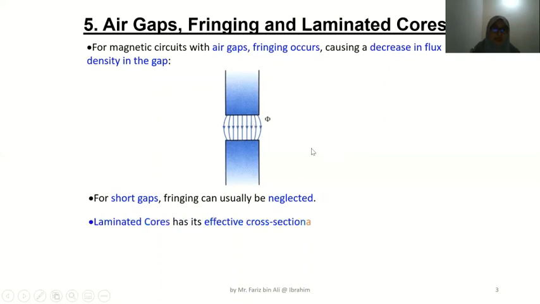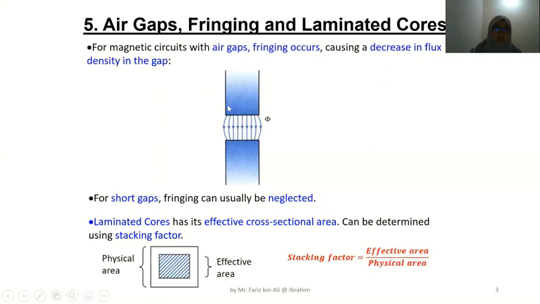Laminated cores have an effective cross-sectional area, which can be determined using the stacking factor. If you have a laminated core, we can consider its effective cross-sectional area, which can be determined using the stacking factor.